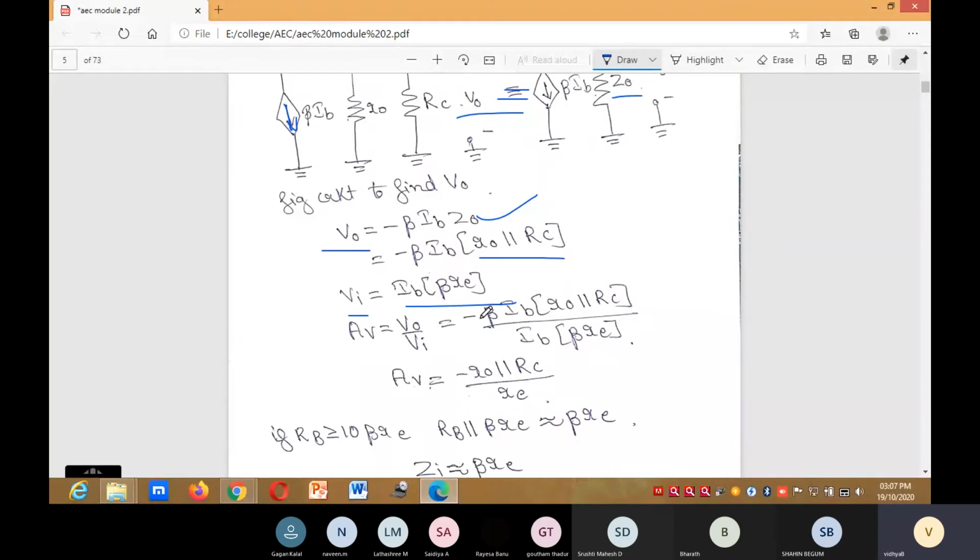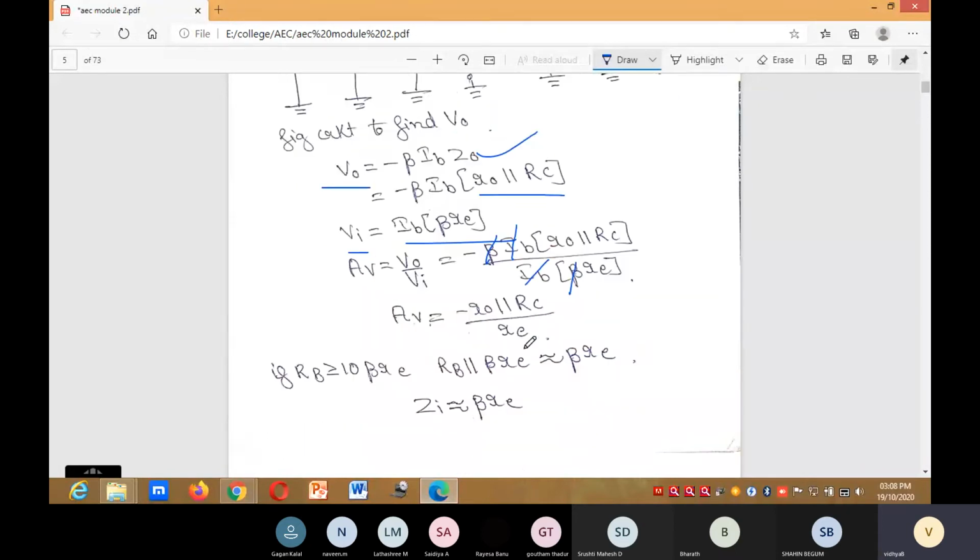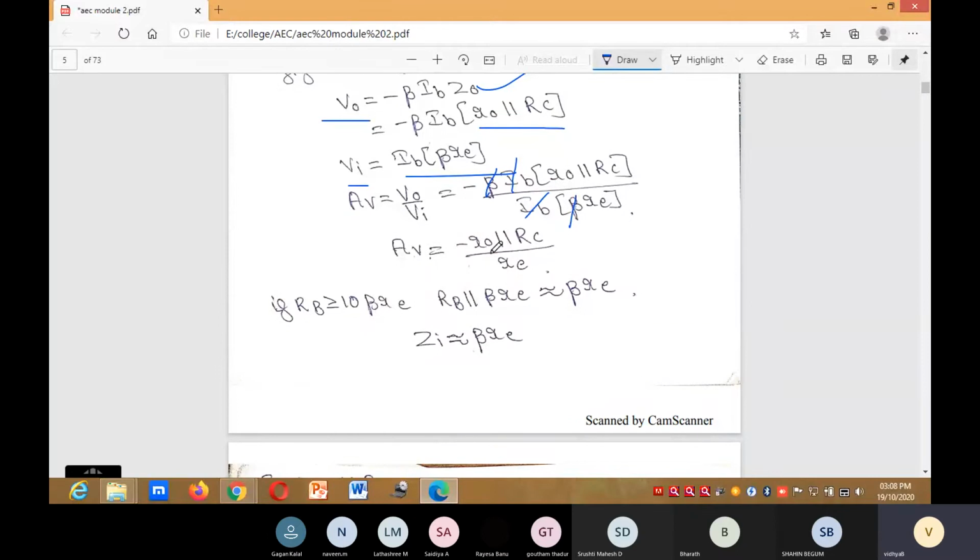Output voltage is minus beta Ib Ro parallel Rc. Input voltage is Ib into beta Re. So beta gets cancelled, Ib gets cancelled, and you are left with minus Ro parallel Rc divided by Re. This is the voltage gain.